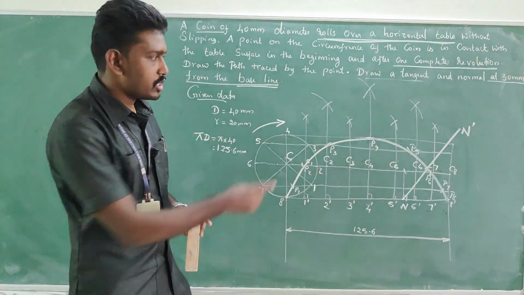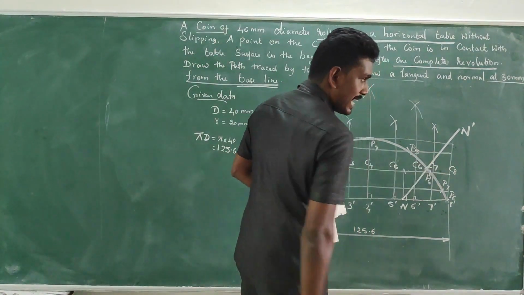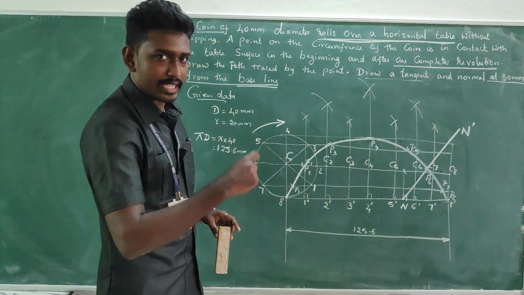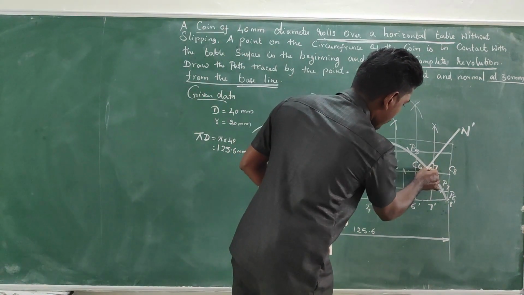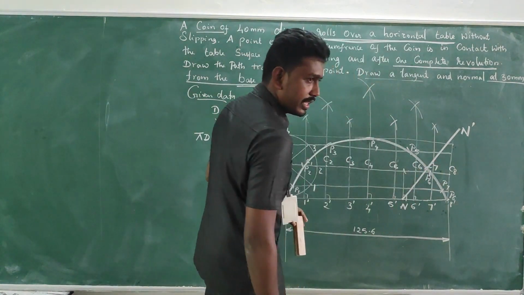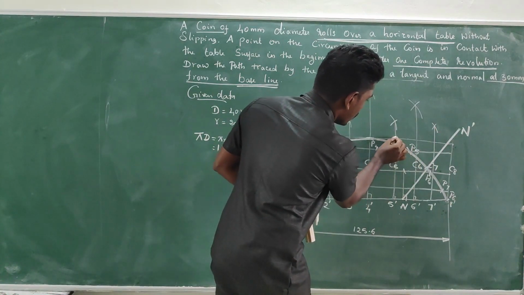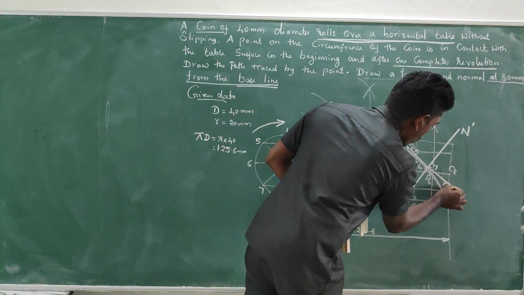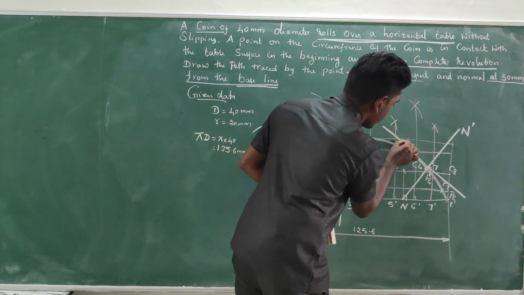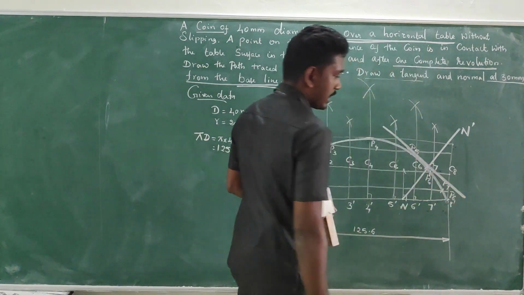and after finding the normal, we will be going for the tangent. So to draw the tangent, what you have to do is take the protractor, and you have to just take 90 degrees and draw a line to the outer periphery of the curve.